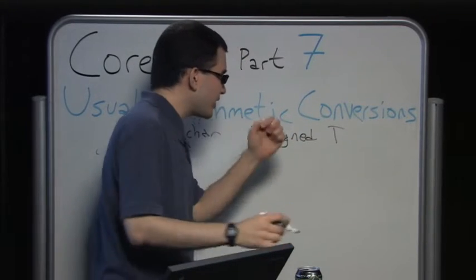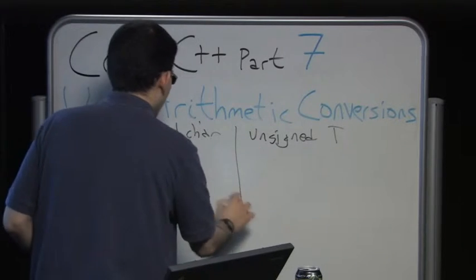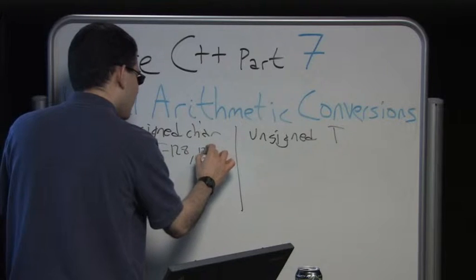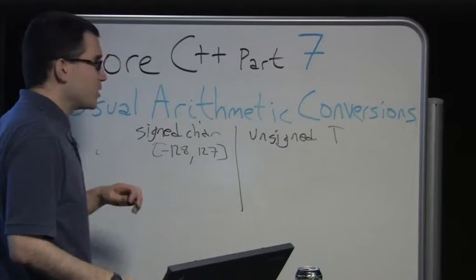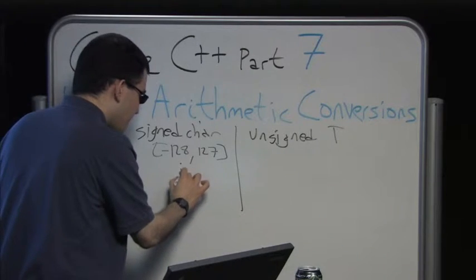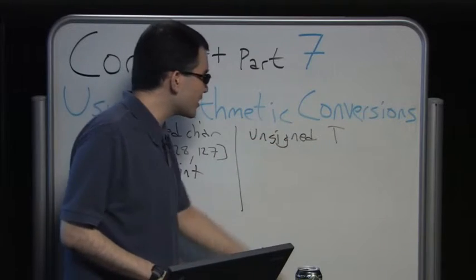Again, this could be char, short, int, long, or long long, but they're all unsigned. My signed char is in the value range negative 128 to 127. And we know the integral promotions will immediately promote this on site to int in a value preserving way, so that's cool.